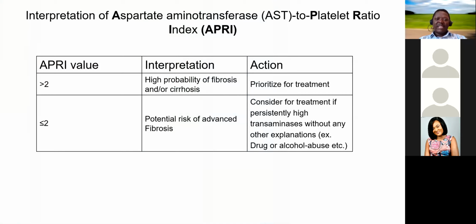If you do that calculation and you find that the APRI value is greater than 2, then you prioritize that patient for treatment. If it is less than 2, you consider treatment only on certain conditions, which you have seen there, prioritized based on other factors.